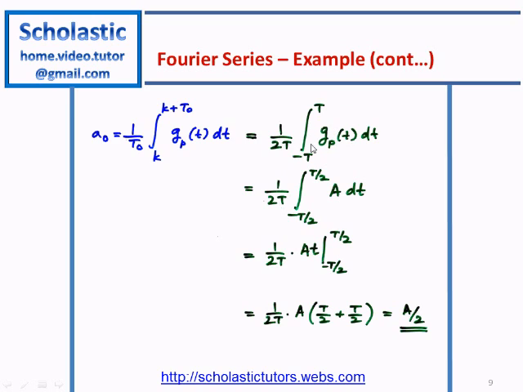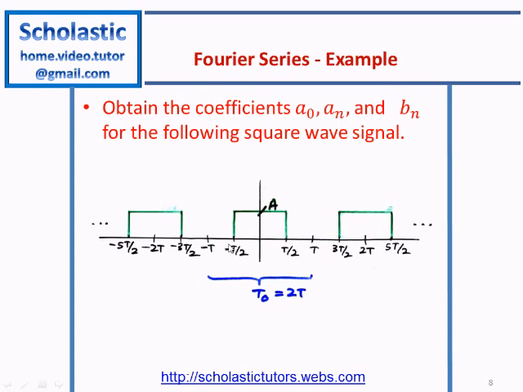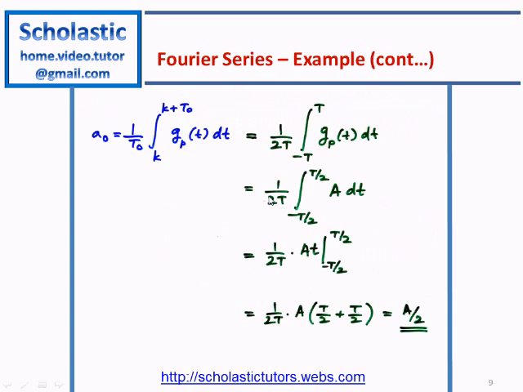g(t) is one period of the periodic signal A, and we can integrate it from minus T by 2 to plus T by 2 because the function does not exist elsewhere. If you look back here, the function only exists from here to here. Therefore, outside, the integration is 0, and from minus T by 2 to plus T by 2 you have the value A there.